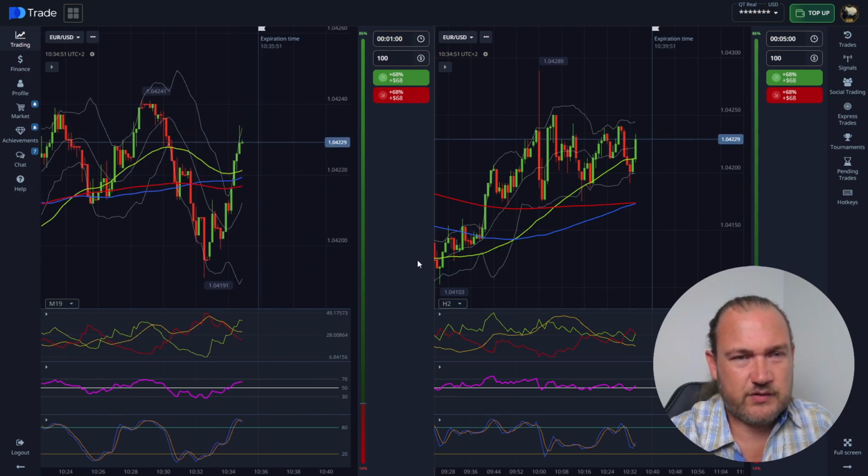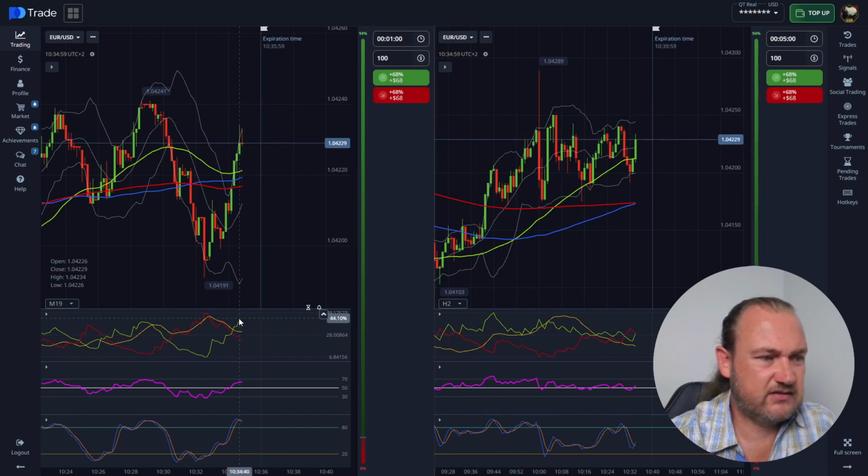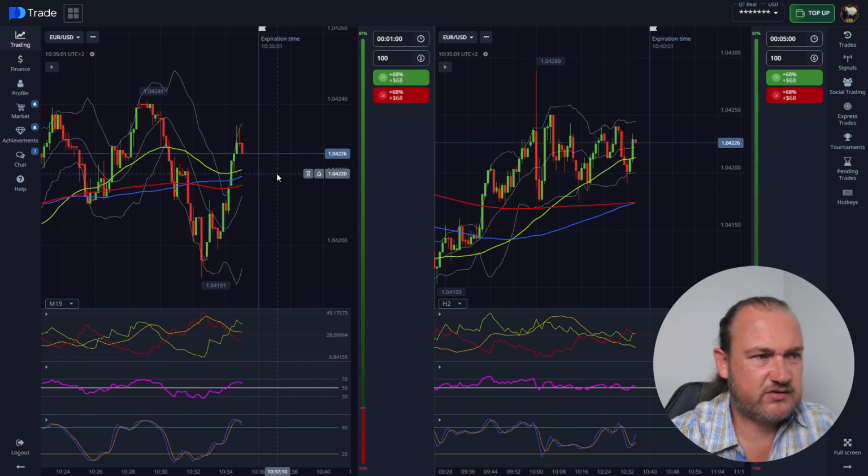A lot of big flowing moves. We do have a decent DI spike, but the ADX is a bit too high to my liking.